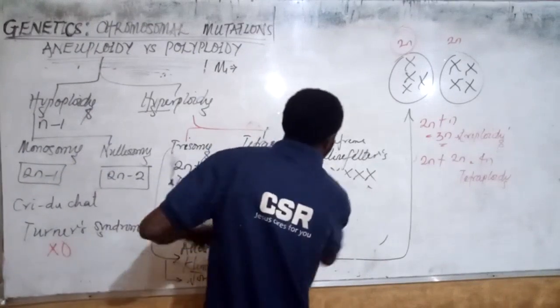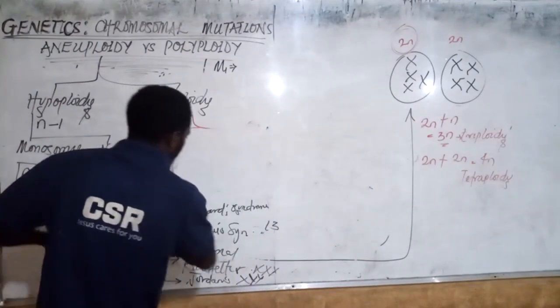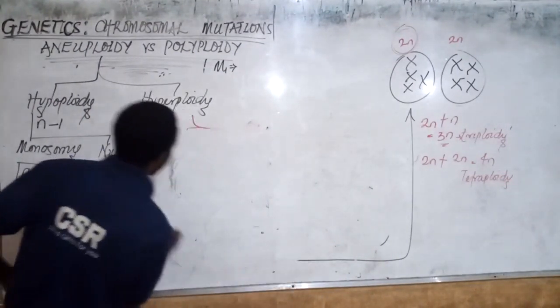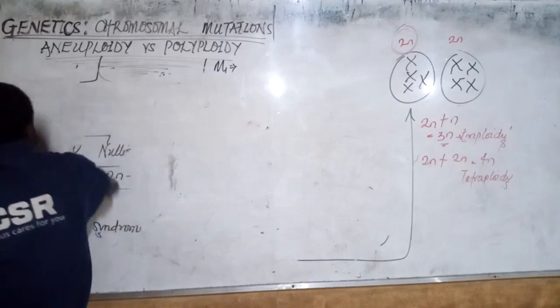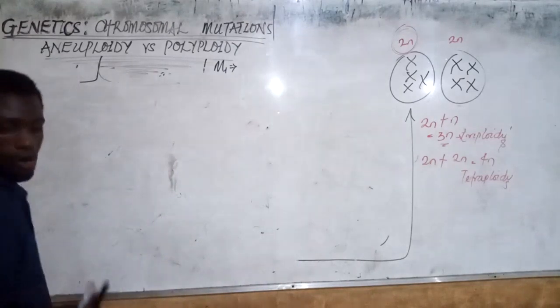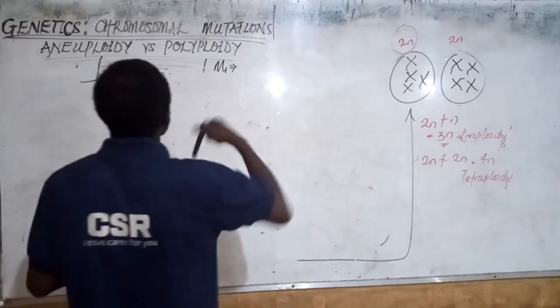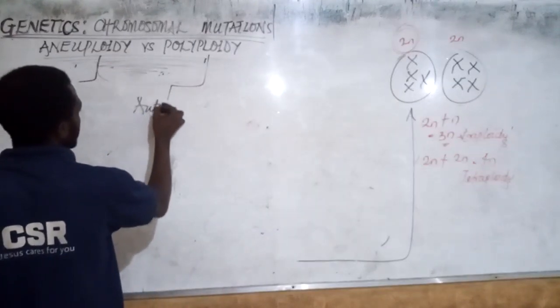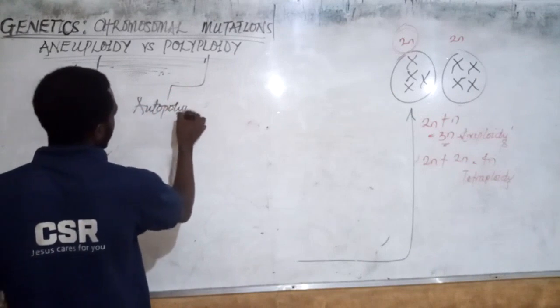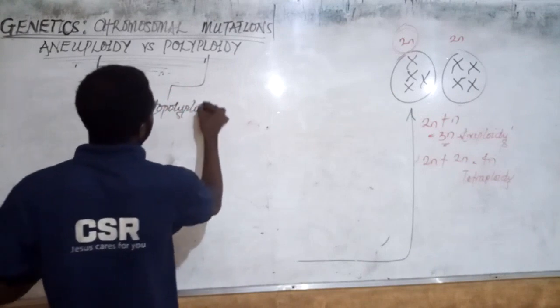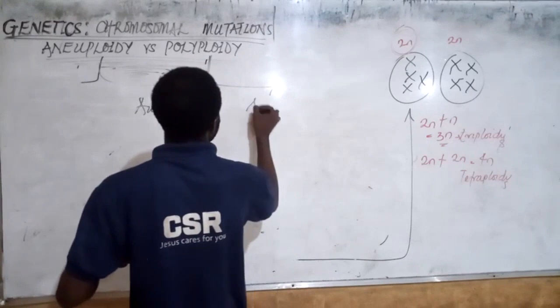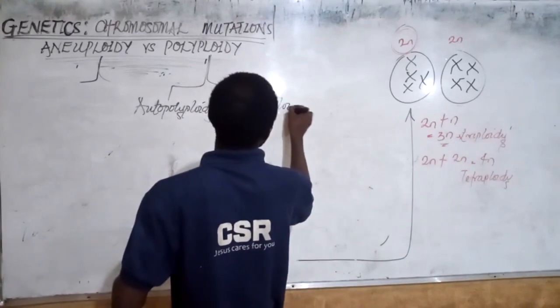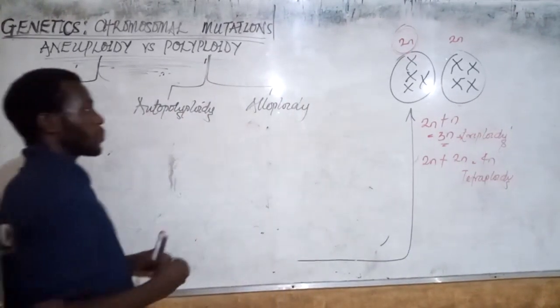Alright, how about polyploidy? In polyploidy, there are 2 types: we have the autopolyploidy and the allopolyploidy.